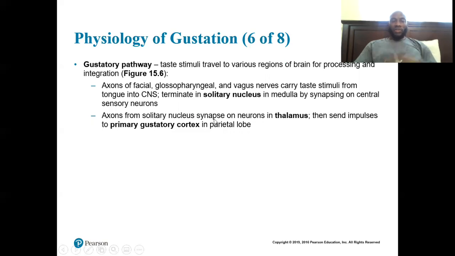Axons from the solitary nucleus synapse on neurons in the thalamus. So this does go to the thalamus, unlike the signals coming from the nose. The thalamus sends impulses to the primary gustatory cortex, which is in the cortex of your cerebrum, in the parietal lobe.